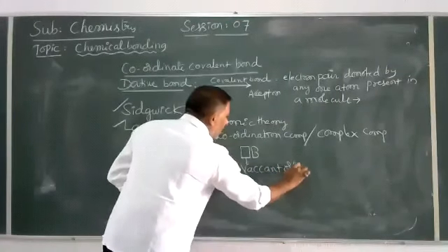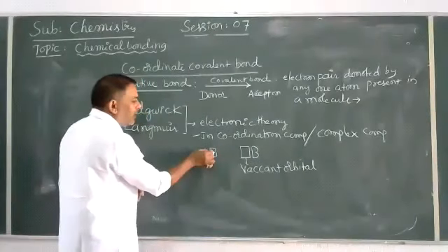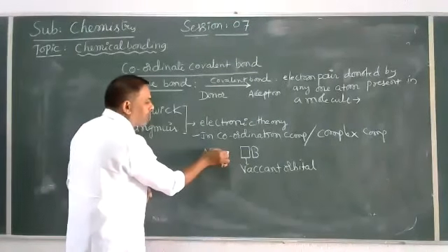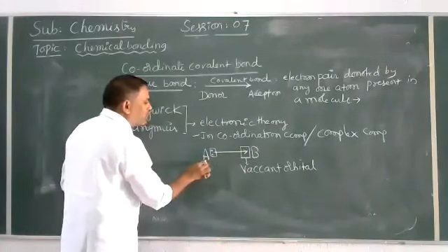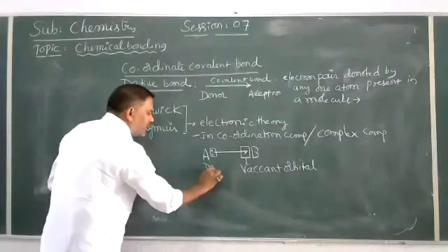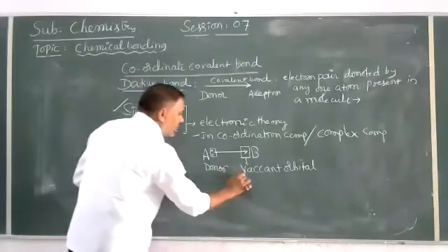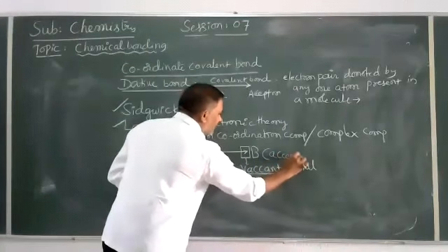Only then does atom B accept a pair of electrons from A and form a coordinate covalent bond, denoted by an arrow from the donor to the acceptor. This is the donor atom, and this is the vacant orbital, the accepting atom.